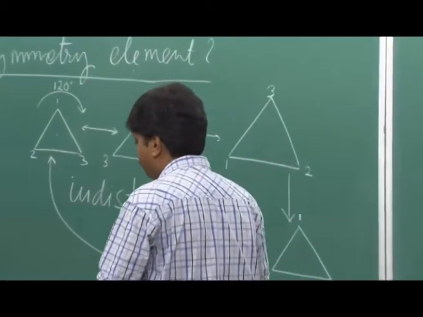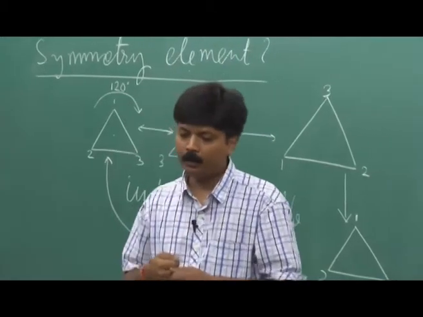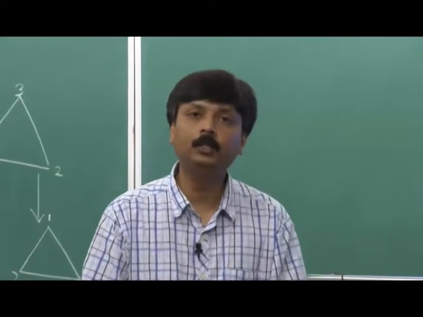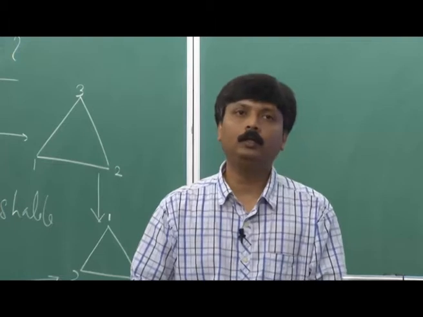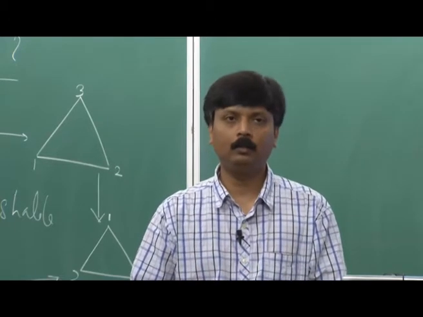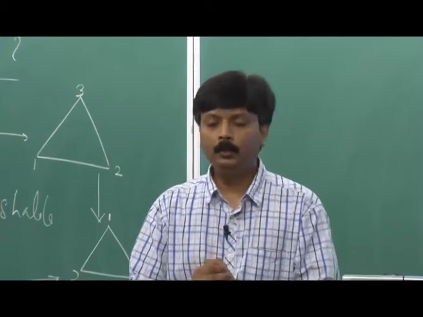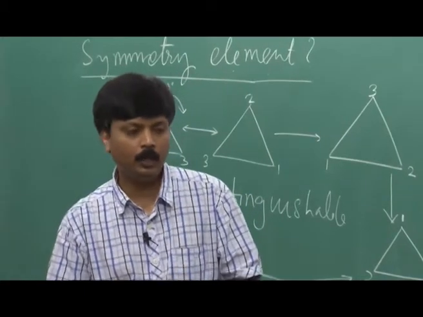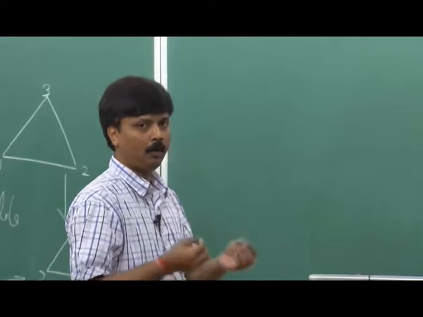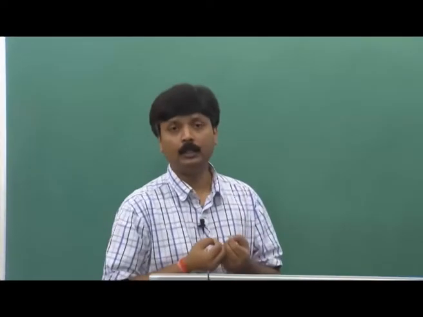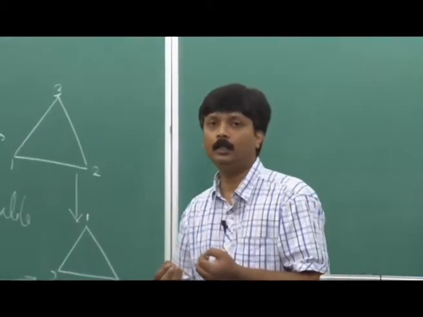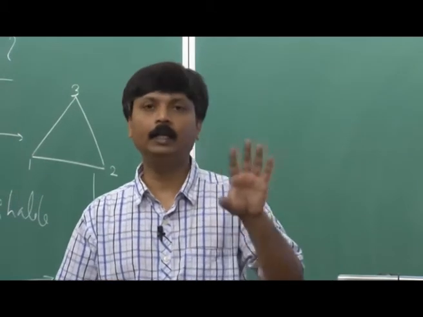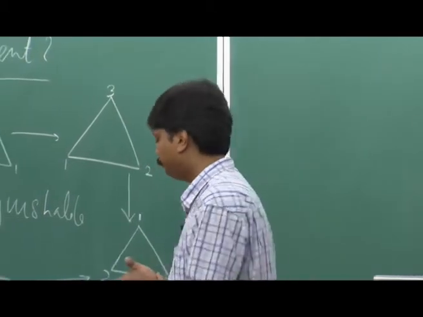So when we try to tell that any particular object, or in case of molecules, one particular molecule has more symmetry than another molecule, then what we do is we look at the symmetry operations and symmetry elements of the molecules. Okay. So if some molecule has more number of symmetry elements and symmetry operations, then obviously that object is called more symmetric than an object which has less number of symmetry elements and symmetry operations.